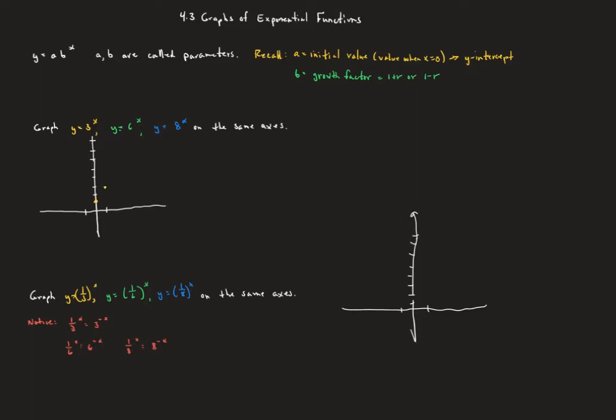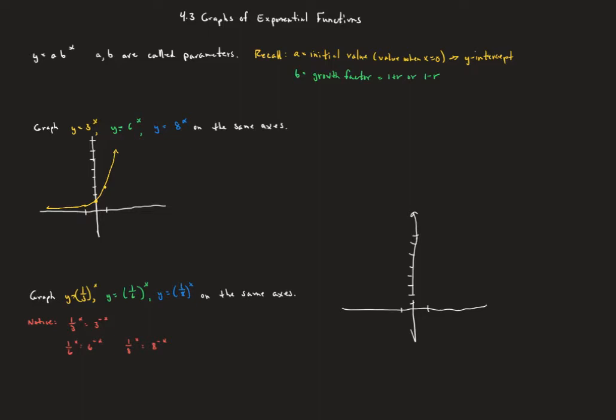When x is negative 1, 3 to the negative 1 is 1 over 3, so about here. As we continue to the right, this thing takes off and gets steeper and steeper. When it goes to the left, it's going to get closer and closer to the x-axis. So we will say that y equals 0 is a horizontal asymptote to the left.